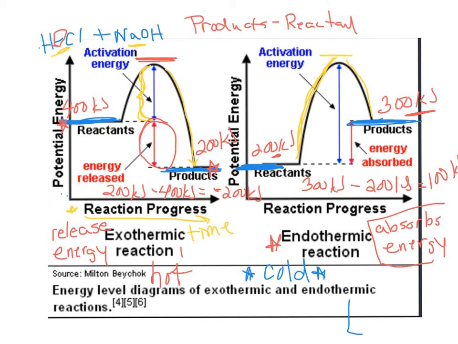If I have a beaker where a reaction is occurring, and let's say it's an endothermic reaction, the reaction is absorbing energy from the outside. So energy is going in. Well, when energy leaves a space, you're left with it feeling cold.